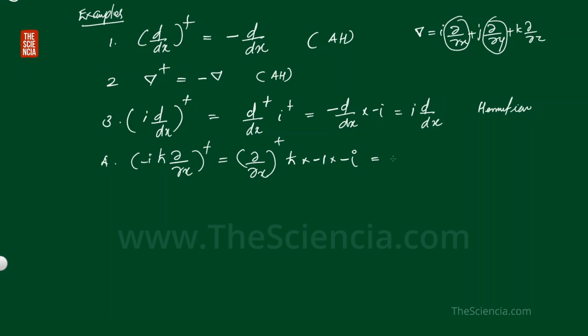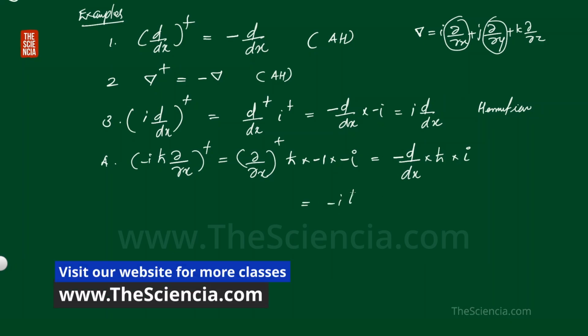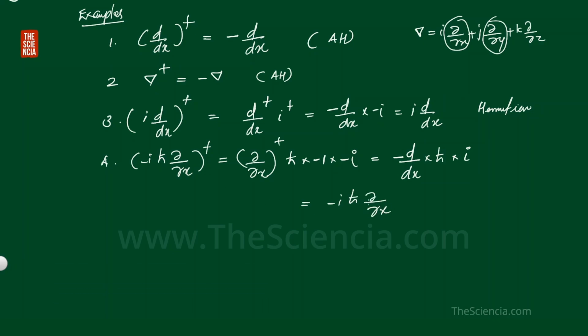So the dagger of d by dx is minus d by dx, into h cross, into minus i, that is i. What we obtain is minus i h cross dou by dou x. See, we got the same value, so this is also a Hermitian operator.